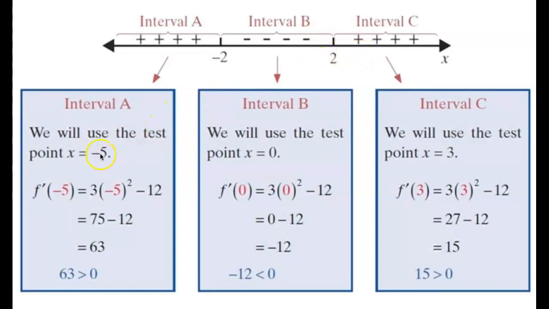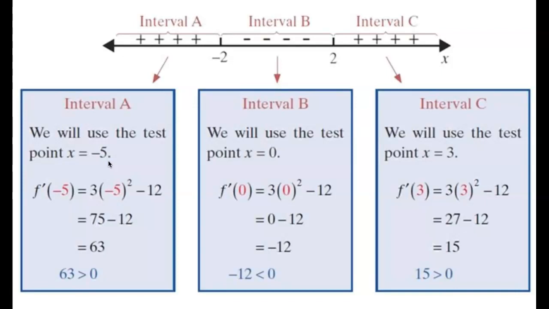In this case, it looks like they used negative 5 for interval A. It's any value to the left of negative 2 on the number line, or any value less than negative 2, okay? So negative 5 is what they used. I would have maybe used negative 3 because it's easier to plug in, but you can use anything that's easy for you.